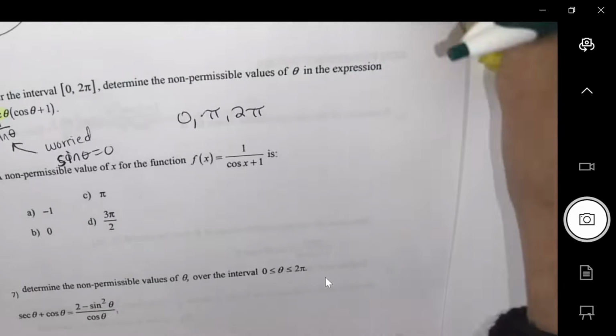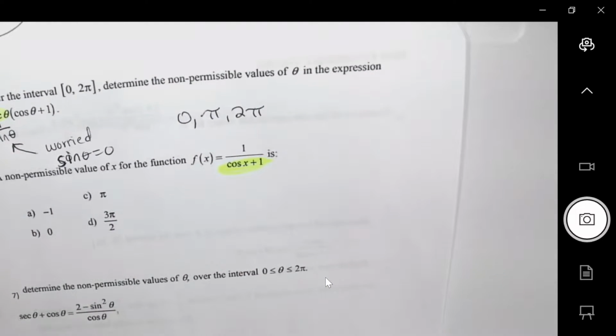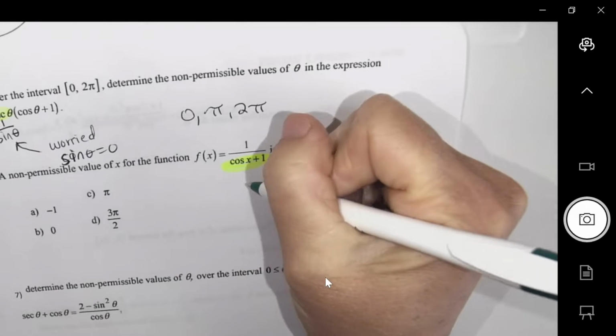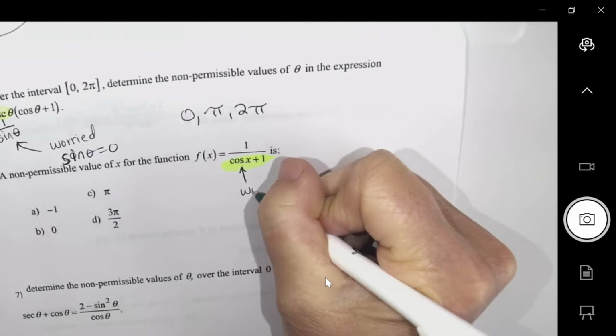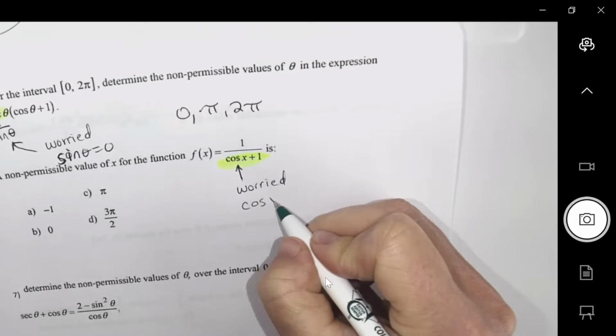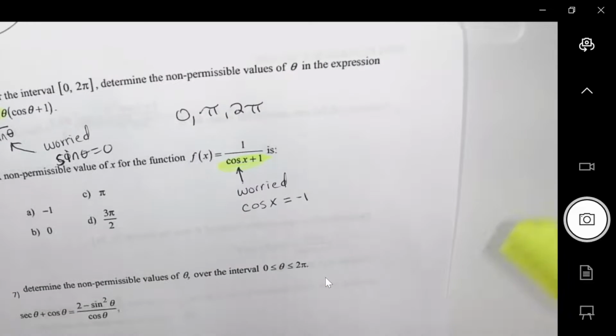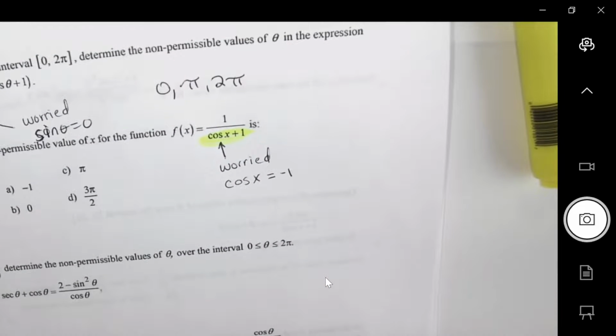Okay, I'm worried, number 6, about the bottom being 0. So what are we going to be worried about here? If cos of x is -1. Right? Because if the cos of x is -1, plus 1, that's going to make our bottom be 0.